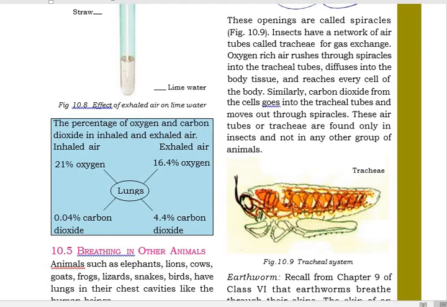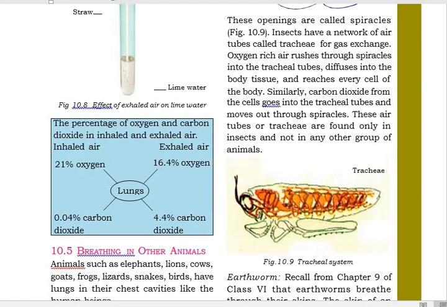That oxygenated air rushes into the tracheal tubes through spiracles. Diffusion takes place. So that means oxygenated air enters into the body tissue and reaches every cell of the body. Similarly, carbon dioxide from the cells goes into the tracheal tubes and moves out through spiracles.